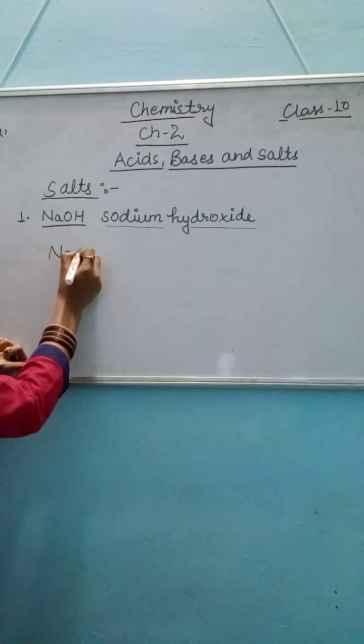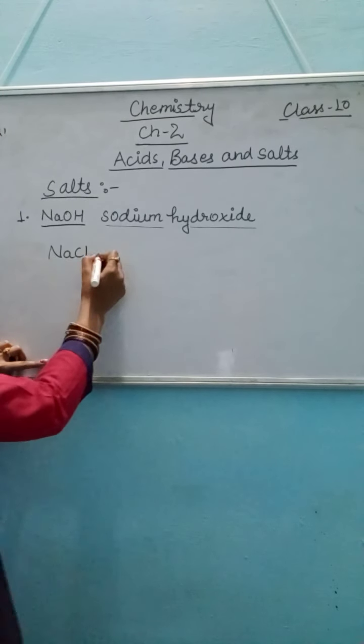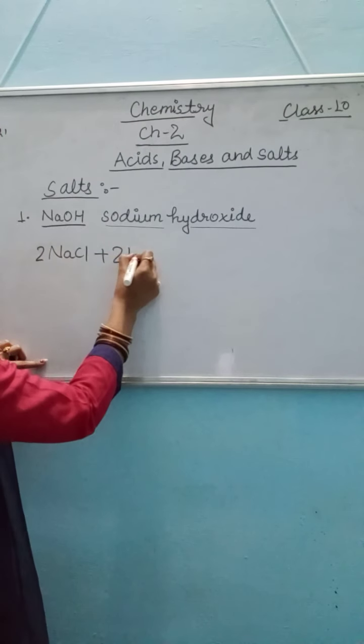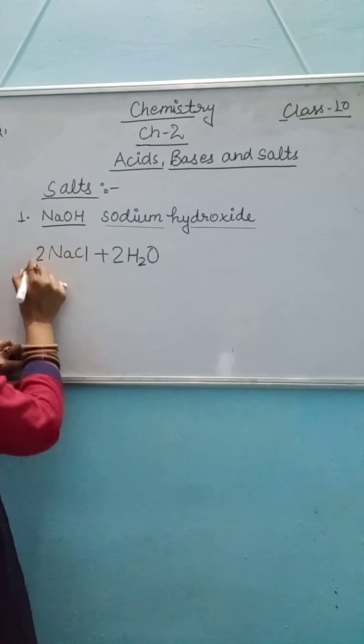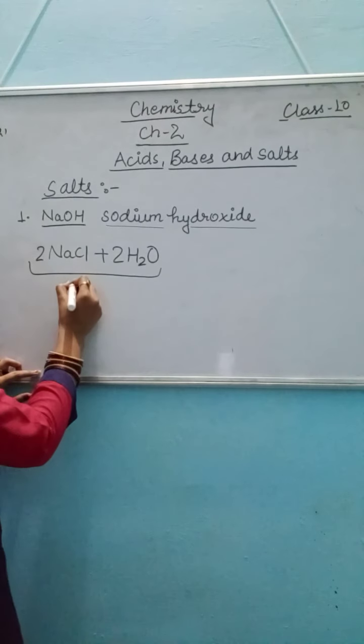NaCl is the formula of common salt, and H2O is water. The aqueous solution of NaCl and water is known as brine.